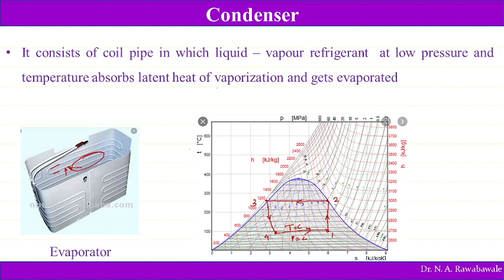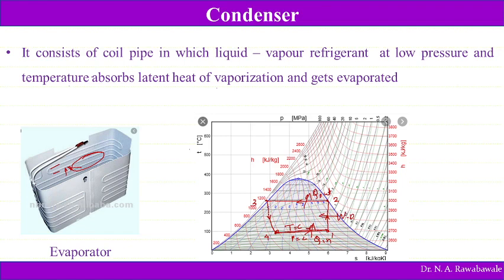In this evaporator, heat is absorbed by the refrigerant and it gets converted into vapor, which is drier than at point 4. Here heat is taken in by the refrigerant, heat in, and here heat is rejected, Q out, and during this process work is done on the refrigerant, work is done by the compressor. So these are the three important processes.